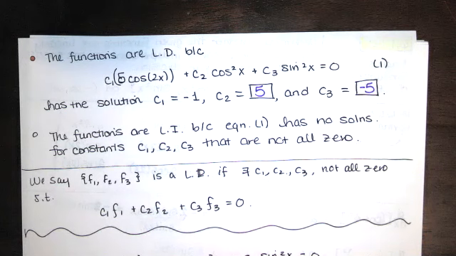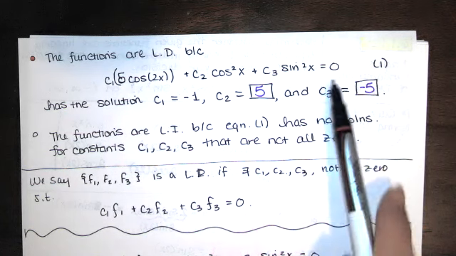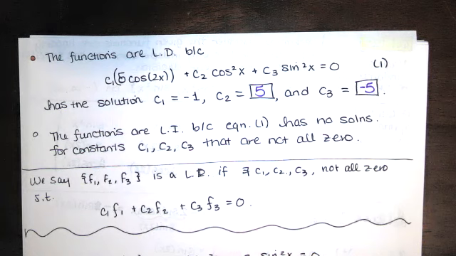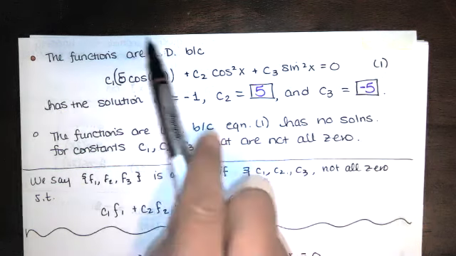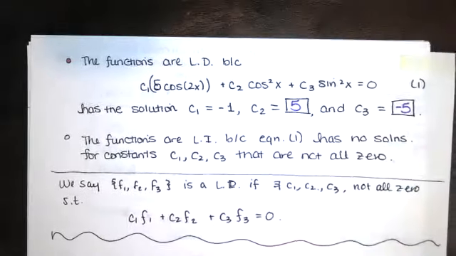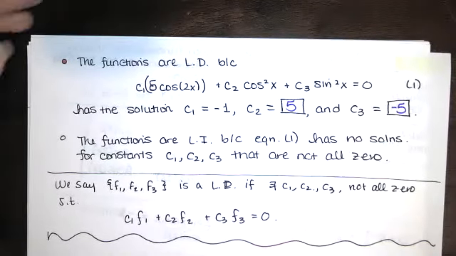If they all have to be 0, then the functions are linearly independent. That can sometimes be difficult to prove, that every single possible combination is not going to give you a 0 on that side. So therefore, C1, C2, and C3 have to be 0. So you can use this, or you can use the Wronskian, and either way, you've justified your answer.